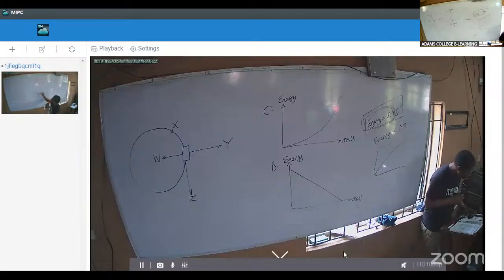Which of the arrows indicates the direction of linear velocity?